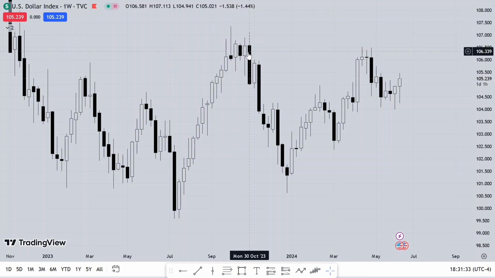So when price traded downwards here, then traded back down lower, it left this imbalance, this unfilled price action here. So here you note this as an imbalance. So price left an imbalance here.